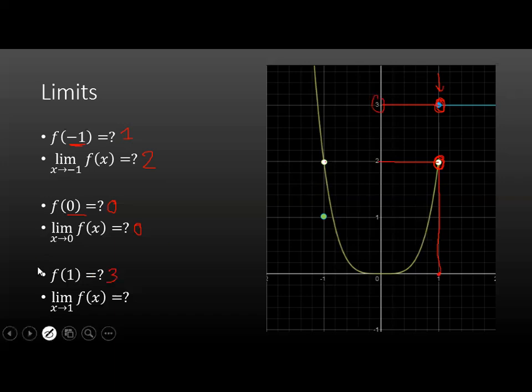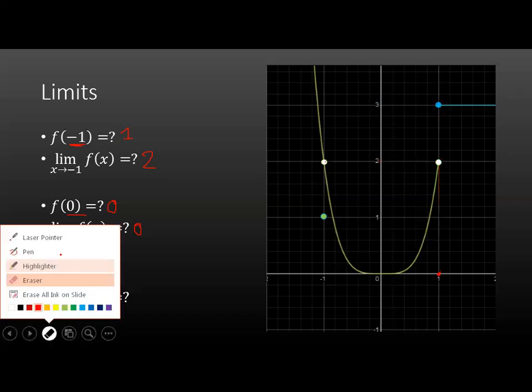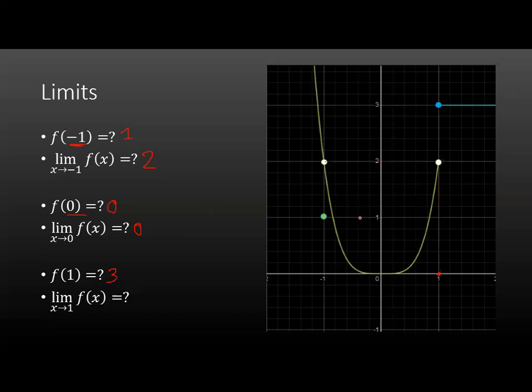Okay? Now, how about we find the limit of the function as x approaches 1. Let's start from the left side. So 0, it still has 0. Let's just say if we have our x values closer to 1 from the left side, we have a y value here. So this would be closer to 0.5.